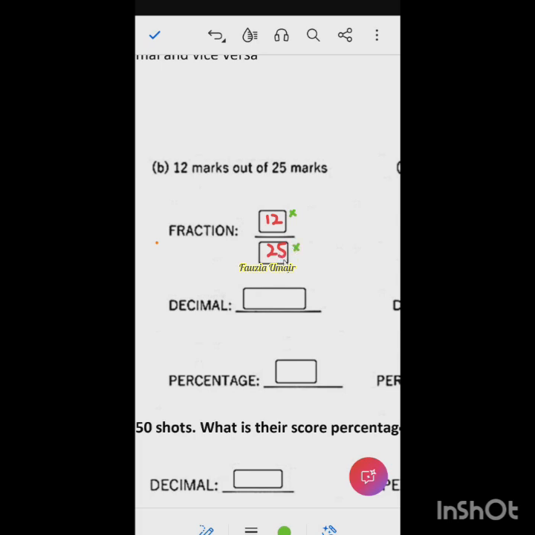Ma'am, 25 multiplied by which number is 100? 4. Very good. So we will multiply it with 4. So this will be 100 in the denominator. And now 12 multiplied by 4 is 48. Right? So what will this be in the decimal form now?